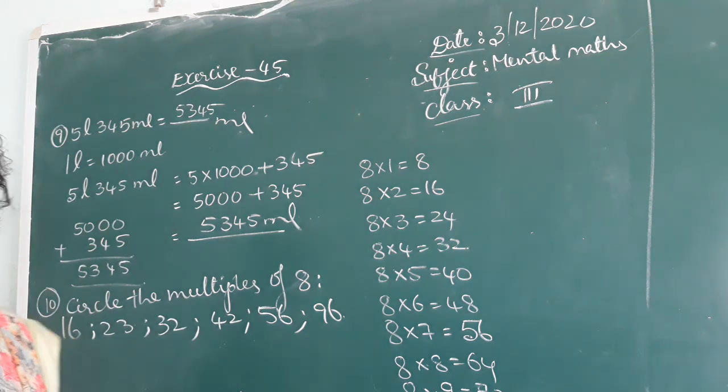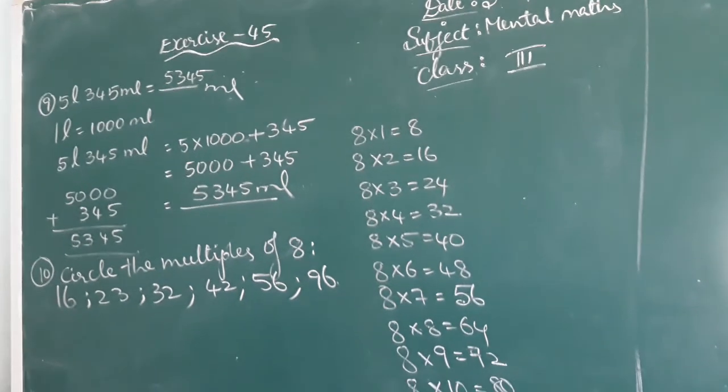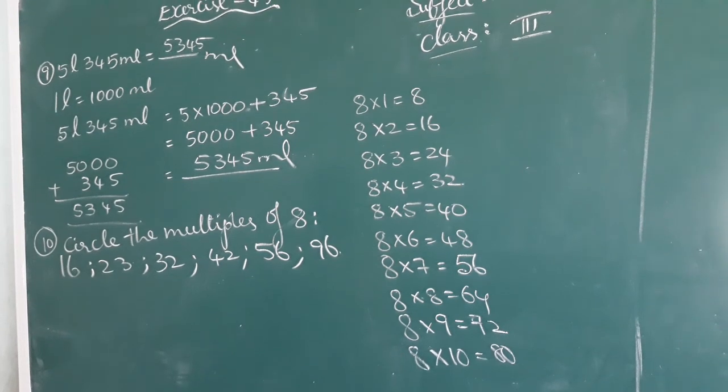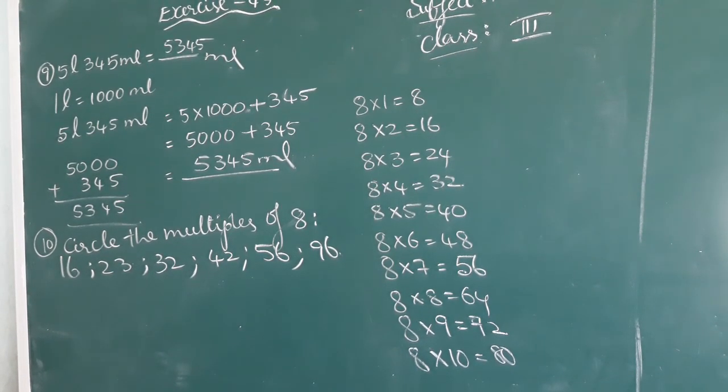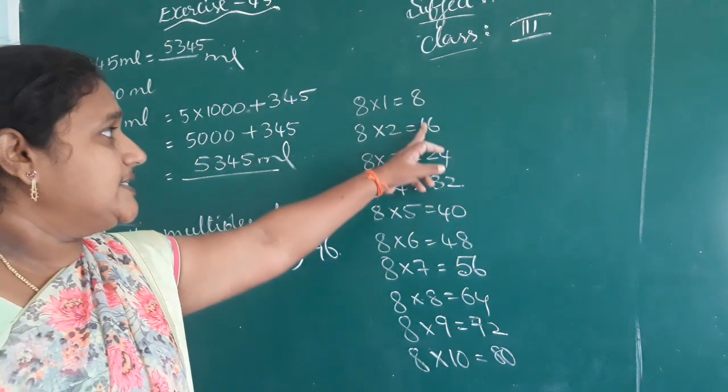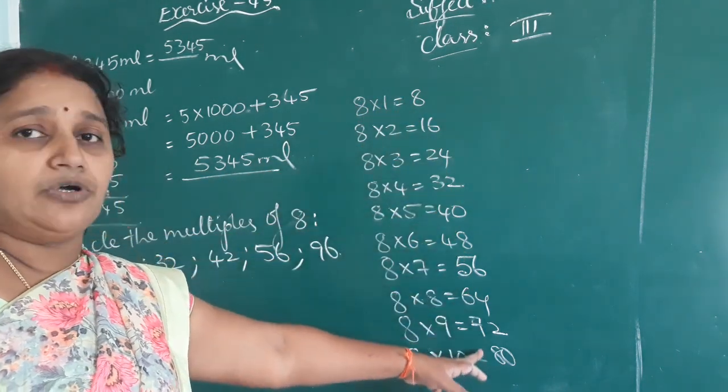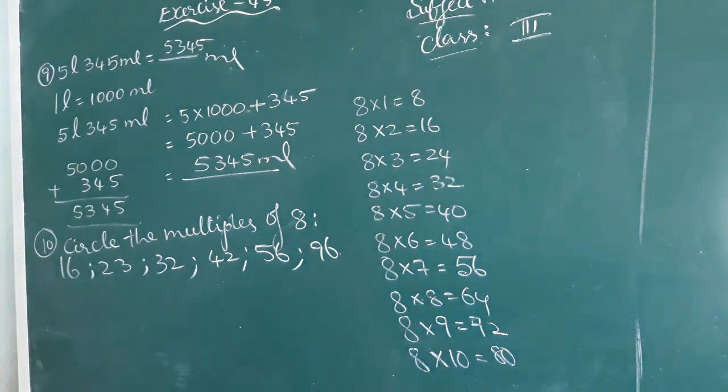Okay. These are all about the 8 table. The numbers, or the answers, or the products we get on this side, these are all the multiples of 8.